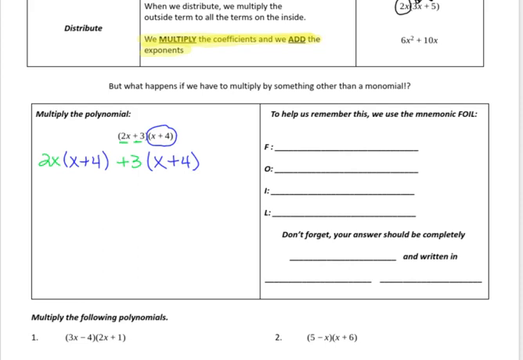And so now what you can see is that I'm going to do the exact same thing that we did before. I'm going to take this 2x and multiply it by x. I'm going to do 2x times 4.